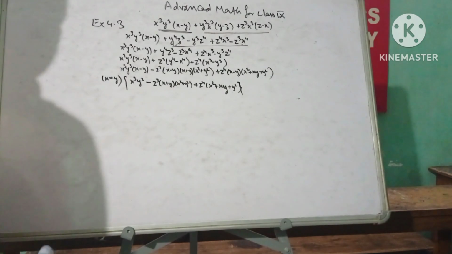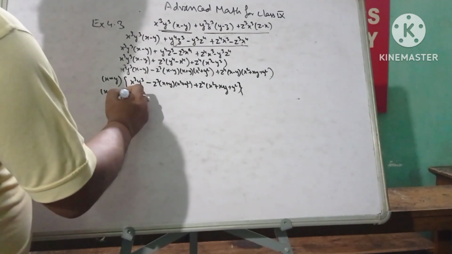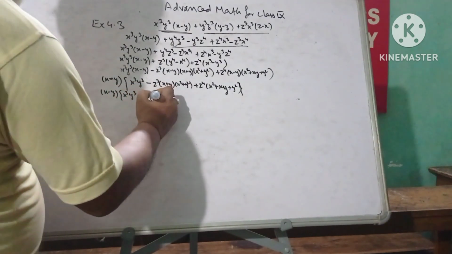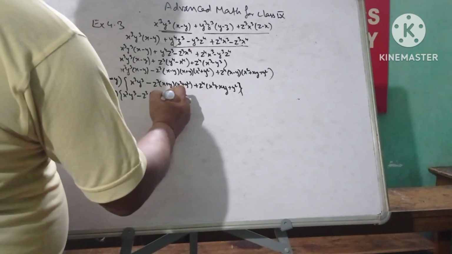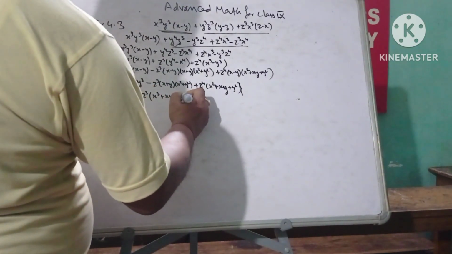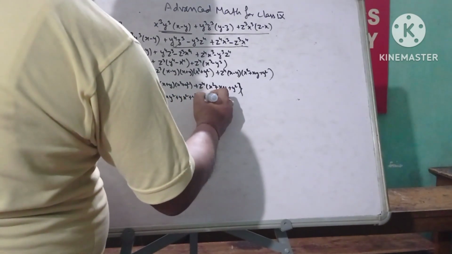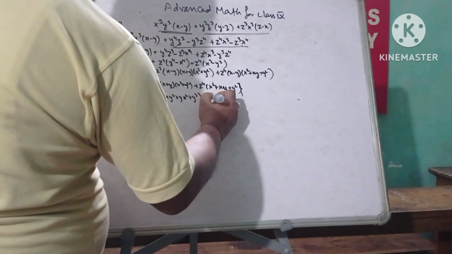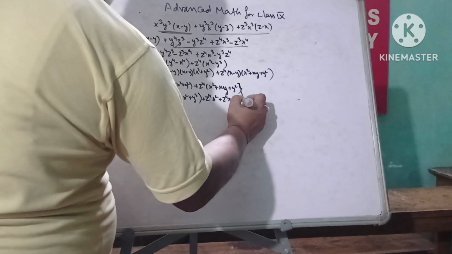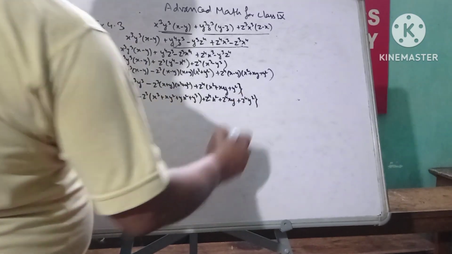Now from here I am going to open this, so this will be (x minus y)[x cube y cube minus z cube (x cube plus xy square plus yx square plus y cube) plus z^4 x square plus z^4 xy plus z^4 y square]. So these are your terms.